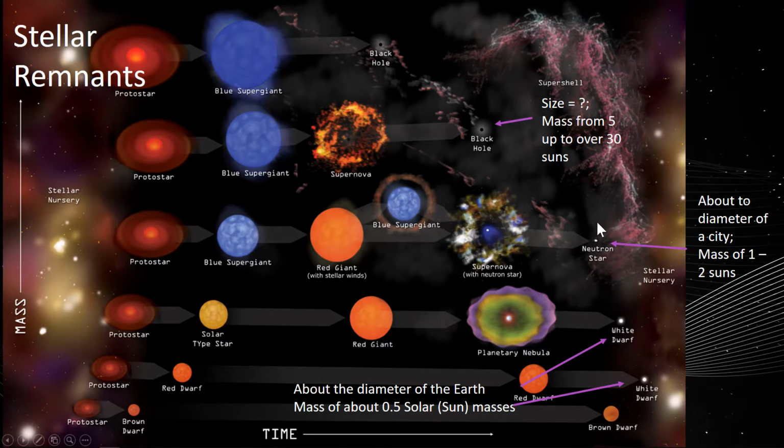Now, a black hole is a stellar remnant from a very large star that has reached the end of its stellar lifetime. Black holes are very small, and you have many times the mass of our sun squeezed into a fairly small space.